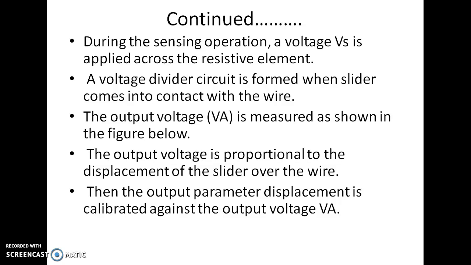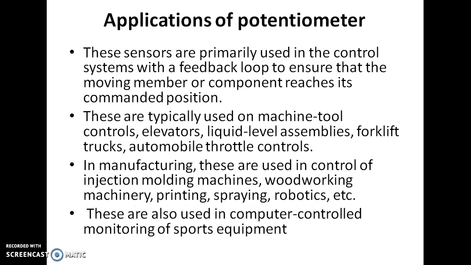The output voltage VA or VO is measured as shown in the figure below. I will show you that figure. The output voltage is proportional to the displacement of the slider over the wire. Then the output parameter, displacement, is calibrated against the output voltage VA.